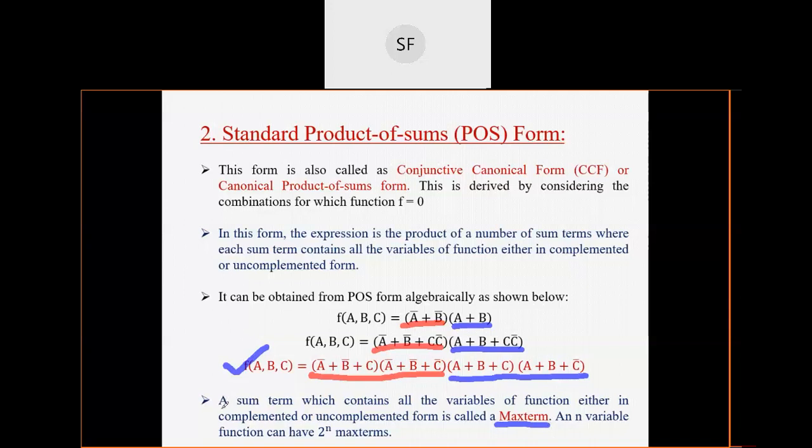So what is the definition of max term? A sum term which contains all the variables of the function either in complemented or uncomplemented form is called a max term. Again, similar to min terms, an n variable function can have 2 raised to power n max terms. The maximum possible min terms were also 2 raised to power n, and here also 2 raised to power n will be the max terms. Maximum possible, okay.